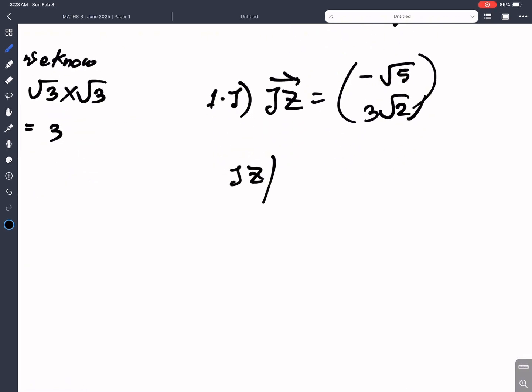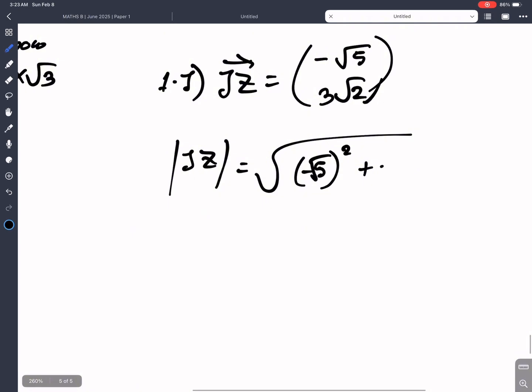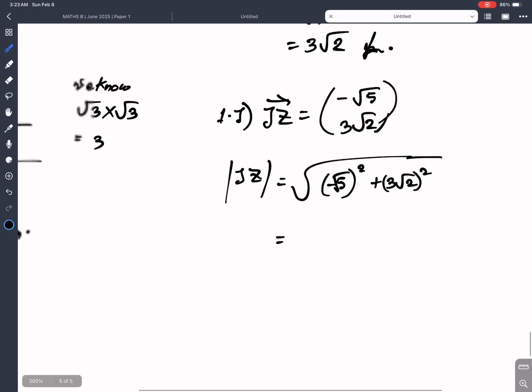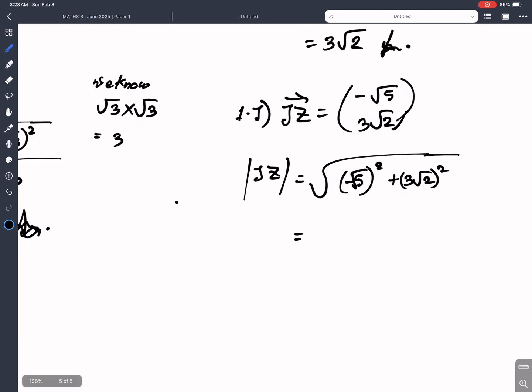Now the JZ magnitude or modulus is root over negative root 5 square plus 3 root 2 square. Negative root 5 multiplied by negative root 5, the negatives go away and root 5 becomes only 5.